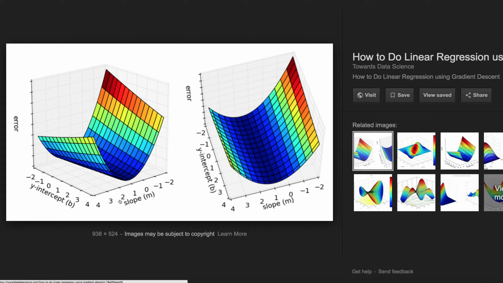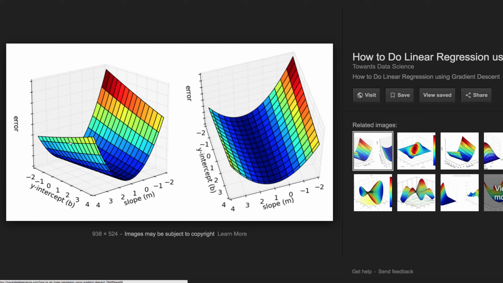And so we learned earlier that a way that we can figure out the minimum of a function, which the error can be represented by, is to use the derivative, right? And the derivative will tell us which direction to go in, right? If the slope is going this way, then we need to move to the left this way, right?